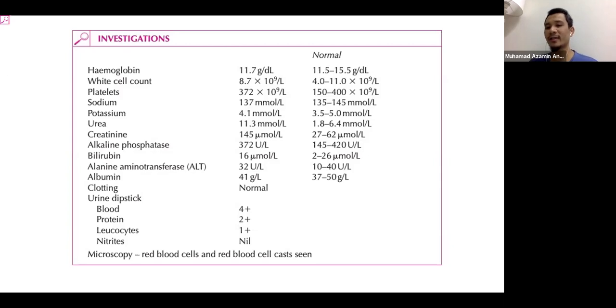Sickle cell is not acquired. Sickle cell is congenital. So the most common acquired bleeding disorder in children is ITP. Okay, so idiopathic thrombocytopenic purpura.